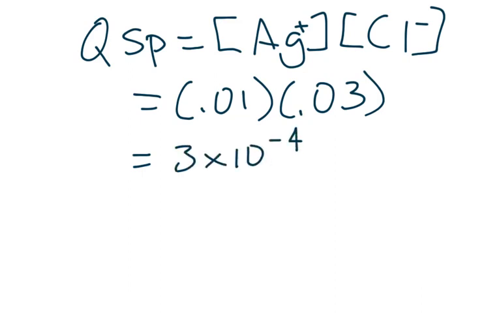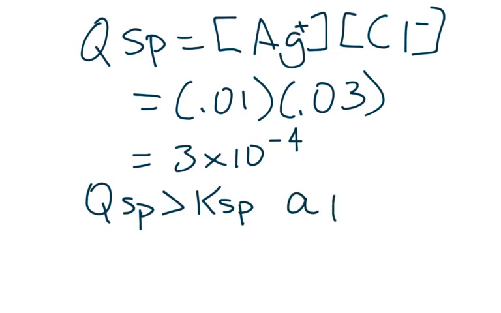Now this is much larger than the number we were given for Ksp in the question. So because Qsp is larger than Ksp, that means when we mix these two solutions together, a precipitate or a solid will form. And that solid will form until we have Qsp equaling Ksp in the actual reaction.